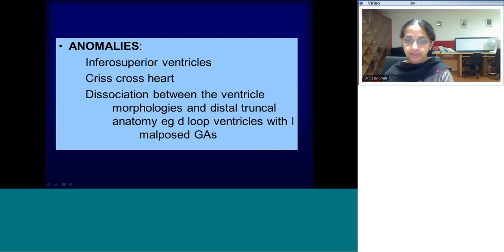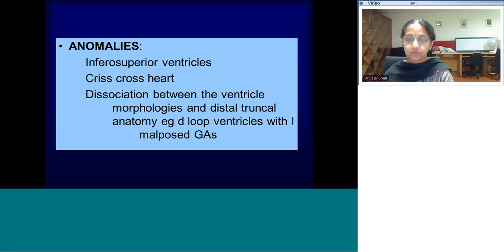What happens if there is some problem related to the looping of the ventricles? Then you can have bizarre conditions like superoinferior ventricles or crisscross heart, and you have a dissociation between the ventricular morphology and the conotruncus.